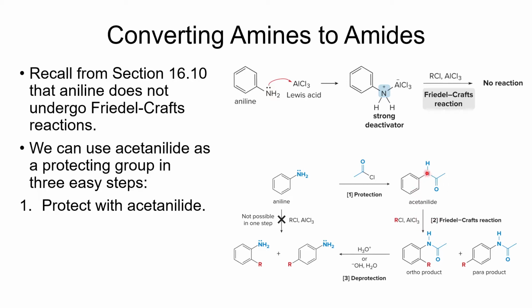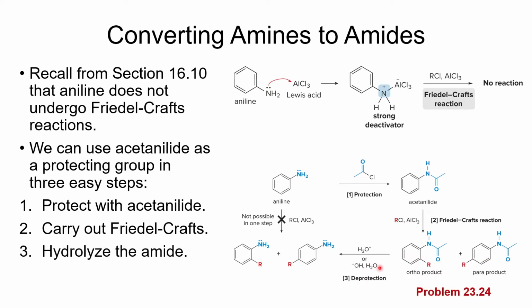So you're free to do Friedel-Crafts alkylation or acylation. Here, if we do the Friedel-Crafts reaction on this, we can get our Friedel-Crafts products, the ortho and para product, because it is an ortho-para-director. And then we could do hydrolysis on acetanilide, which will give us the aniline product. That's how we do that.